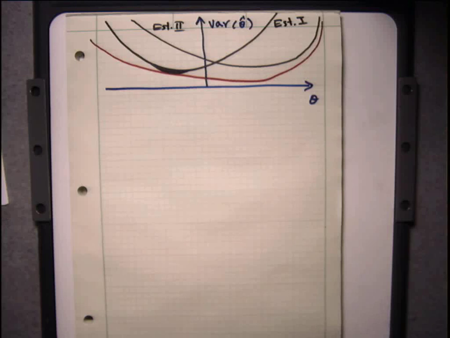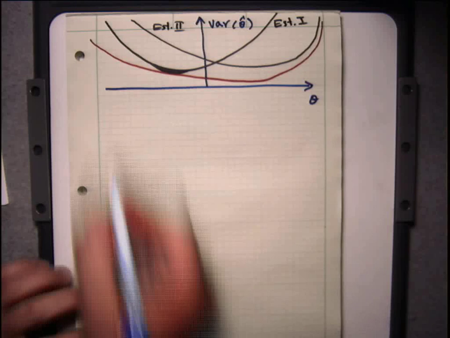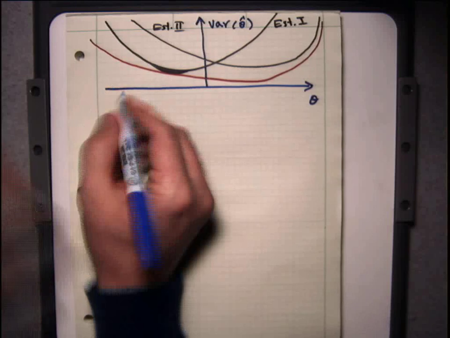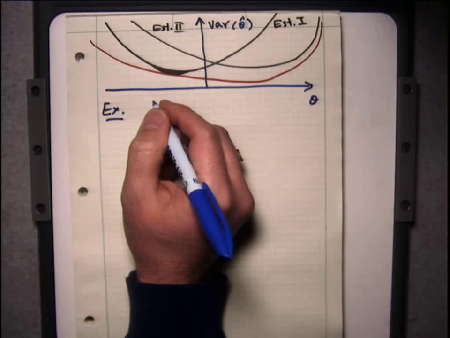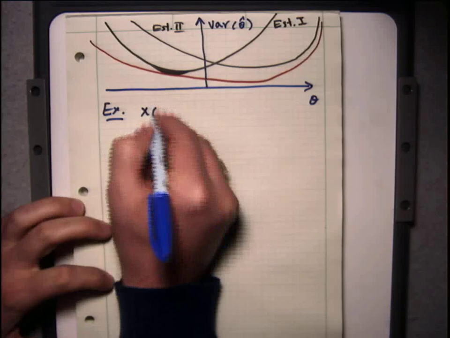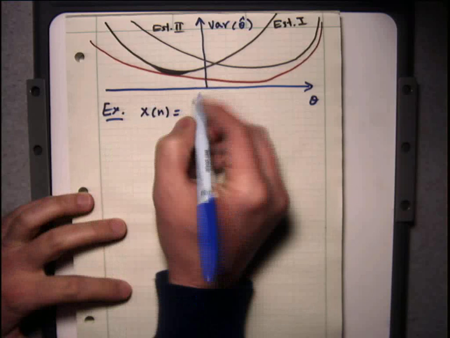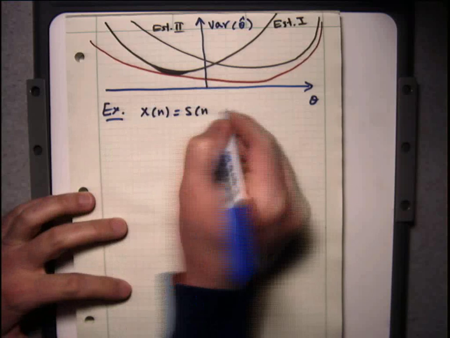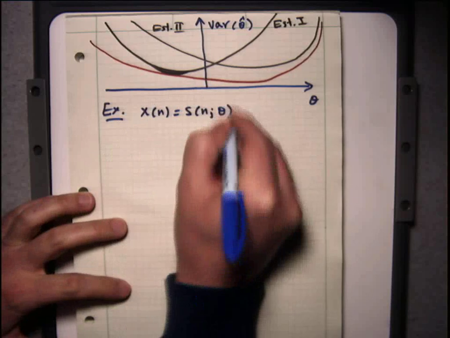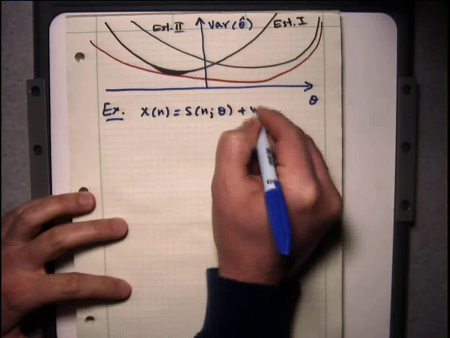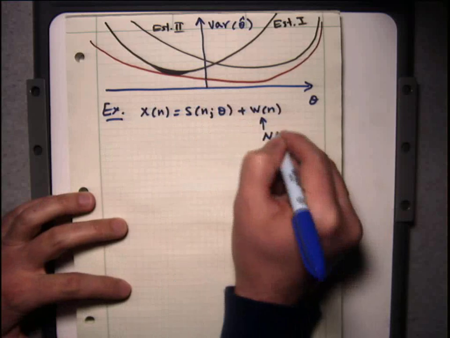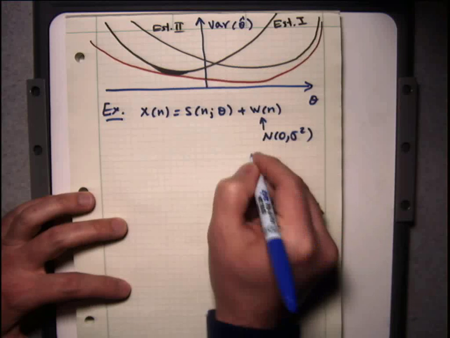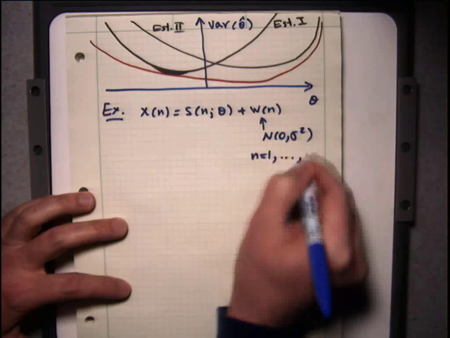Okay, now let's go to a somewhat more complicated scenario. Let's say now we have data, a signal measured with noise plus W of n. Let's say this W of n is again Gaussian with zero mean and variance sigma squared, and we have n data points.